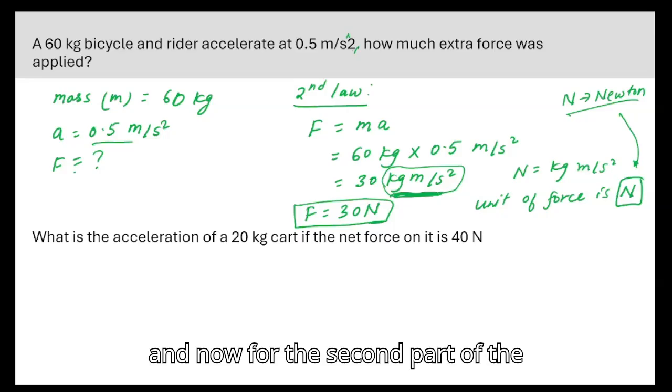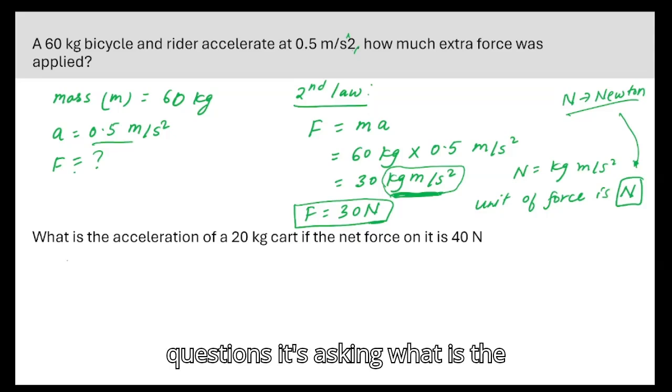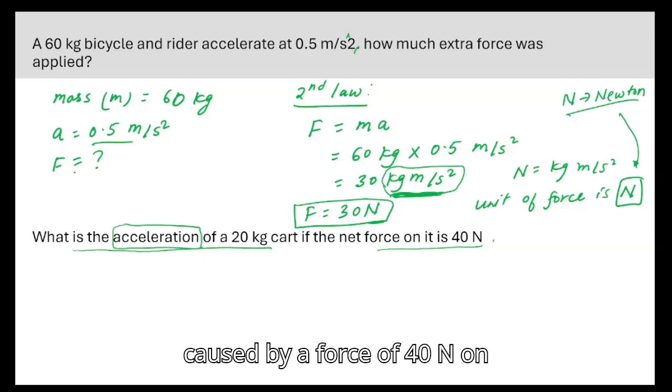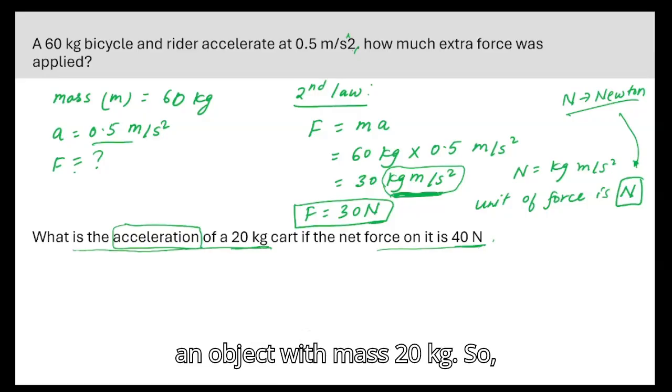And now for the second part of the question, it's asking what is the acceleration of a 20 kilogram cart if the net force is 40 Newton. Now instead of force, we need to calculate the acceleration caused by a force of 40 Newton on an object with mass 20 kilogram.